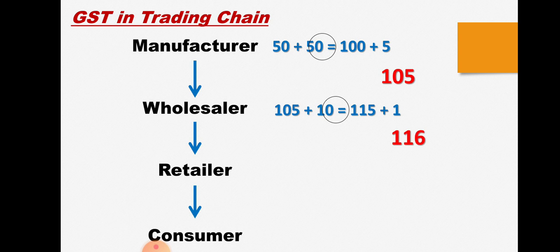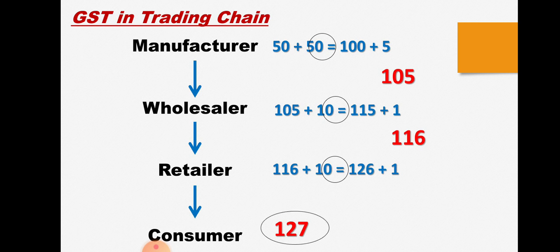Now again, on 116, the retailer will keep 10 rupees as profit to give to the customer, and again 10% of 10 is 1 rupee. So 126 plus 1 becomes 127 rupees for the customer. In this way GST has been collected and paid in a complete trading chain.